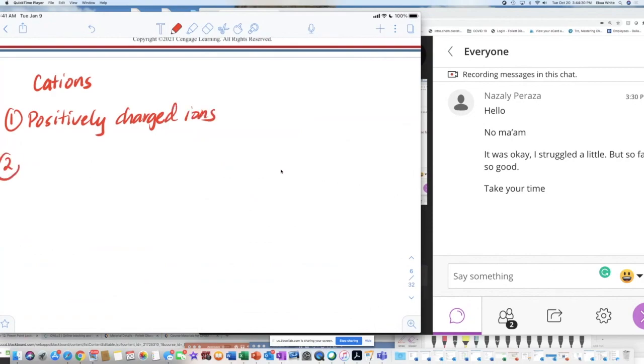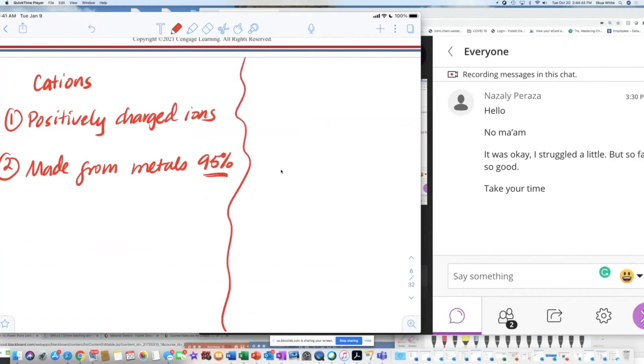We just learned they are made from metals. This is true, I would say, about 95% of the time. It's not always true. There are exceptions to the rules. Okay? And then what did we say? Metals lose one, two, or three electrons.